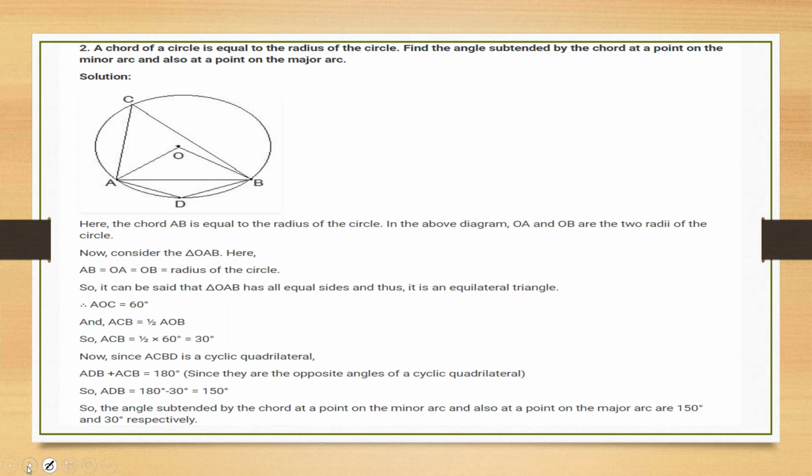And from here we will calculate angle ADB equal to 180 minus 30, that is 150 degree. So, the angle subtended by the chord at the point on the minor arc and also at the point on the major arc are 150 degree and 30 degree respectively.